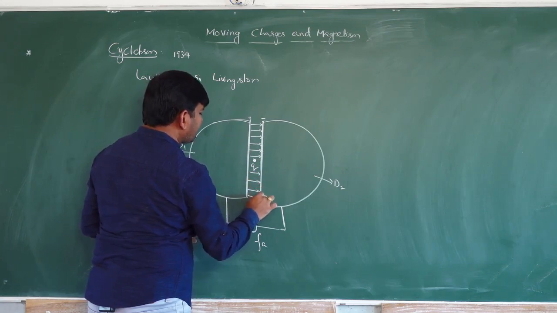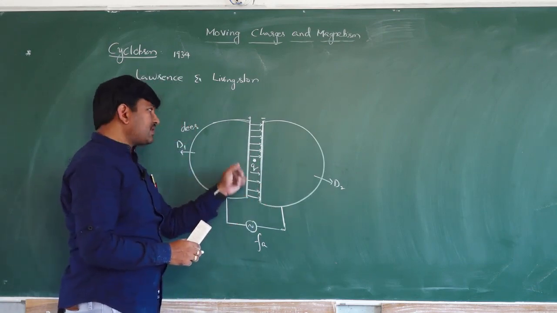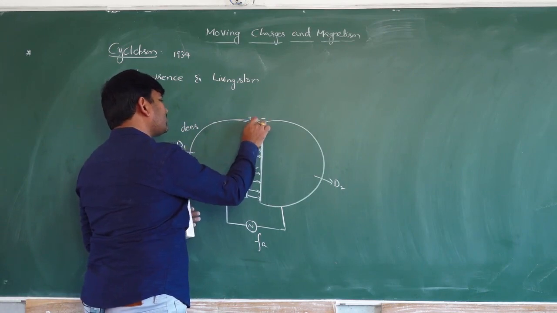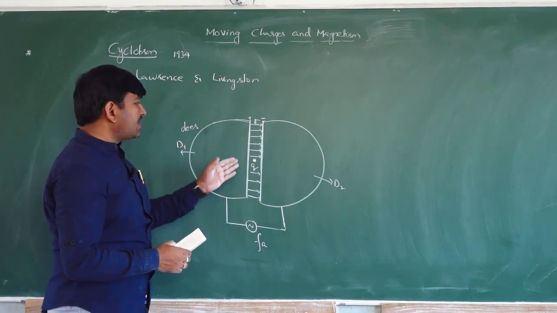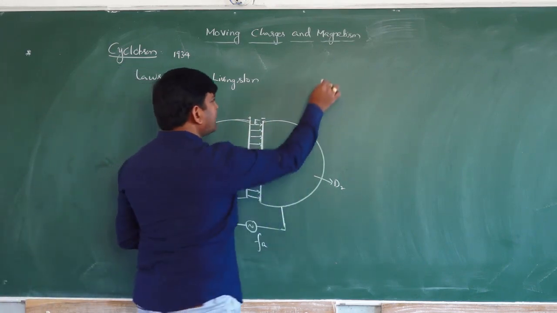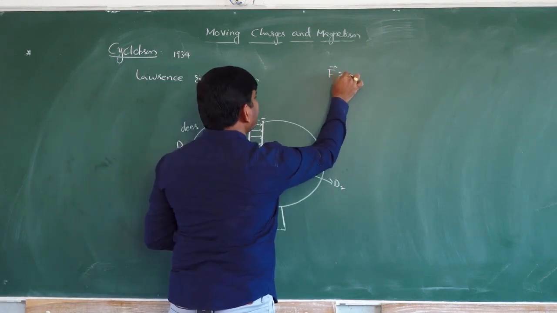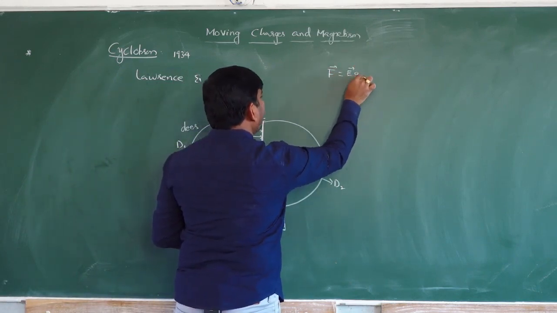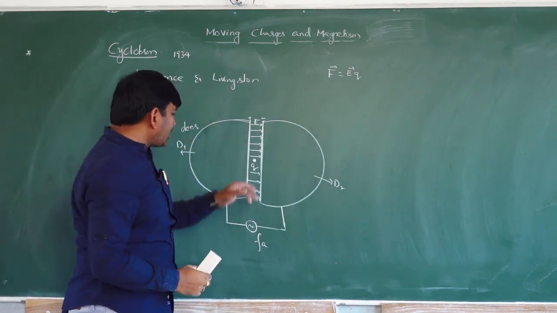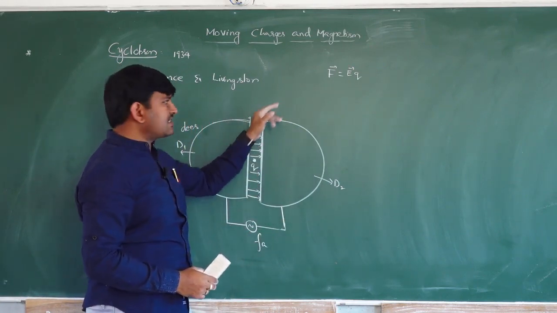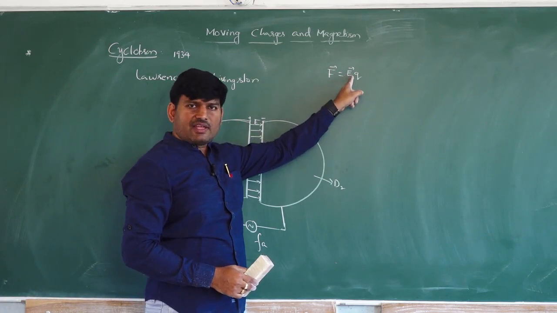Now, if you observe here, the charge Q is present in the electric field E, so it should experience an electric force, given by F = E Q. Q being positive and present in the electric field E, it experiences a force in the direction of the electric field.